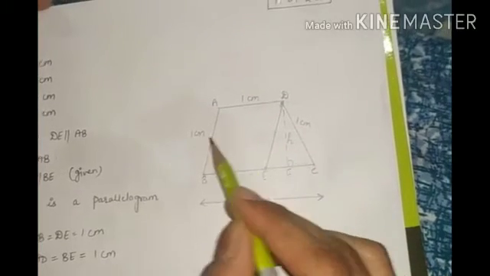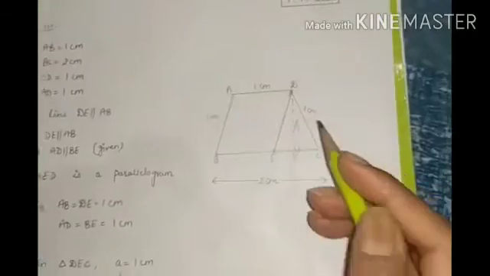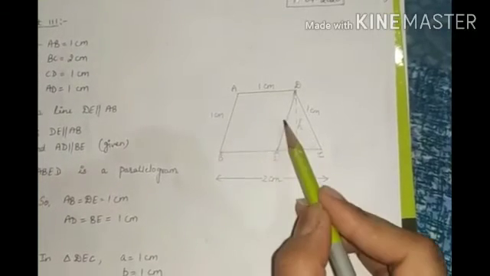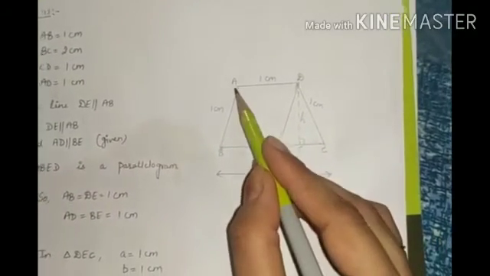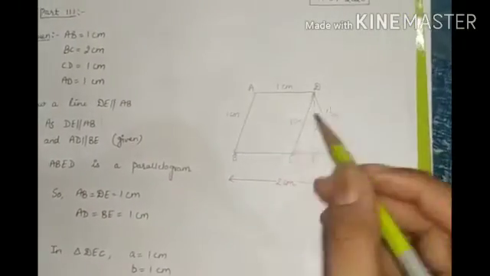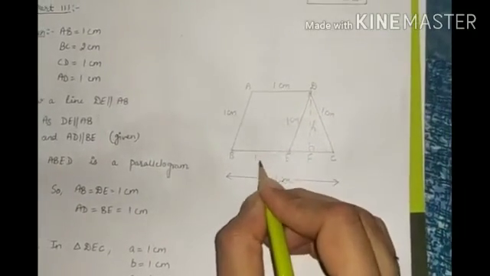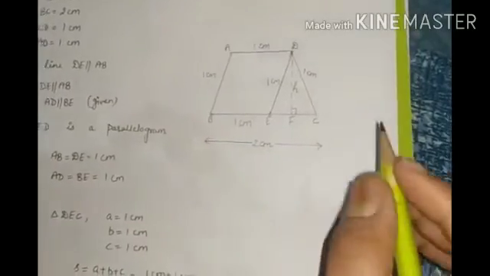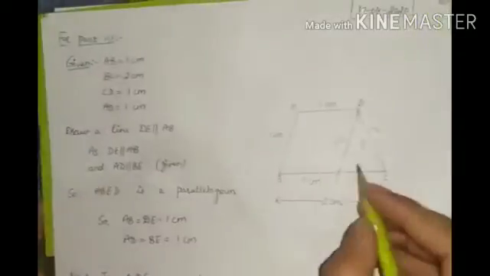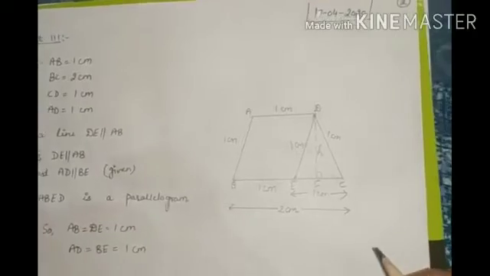We know that in a parallelogram, opposite sides are equal and parallel. If AB is 1 centimeter, so DE will be equal to 1 centimeter. If AD is 1 centimeter, so BE will be equal to 1 centimeter. And if BE is 1 centimeter and BC is 2 centimeter, so EC will be equal to 1 centimeter.